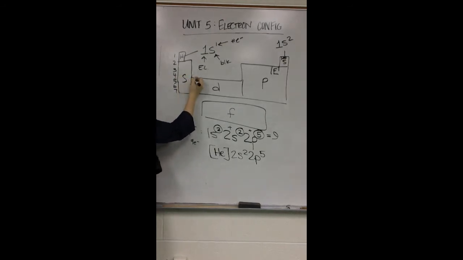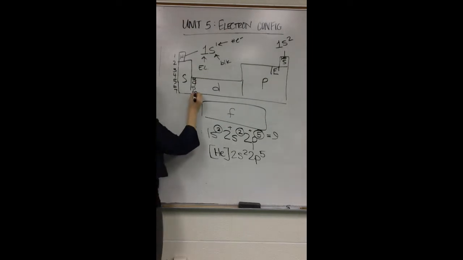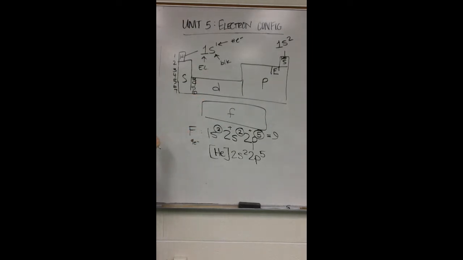So it goes from 4s to 3d, 5s to 4d, 6s to 5d, and 7s to 6d. The F block doubles back. So you go from 6s to 4f and then to 5d, 7s to 5f and then to 6d. So just keep in mind that it doesn't just go 6s, 6f, 6d.